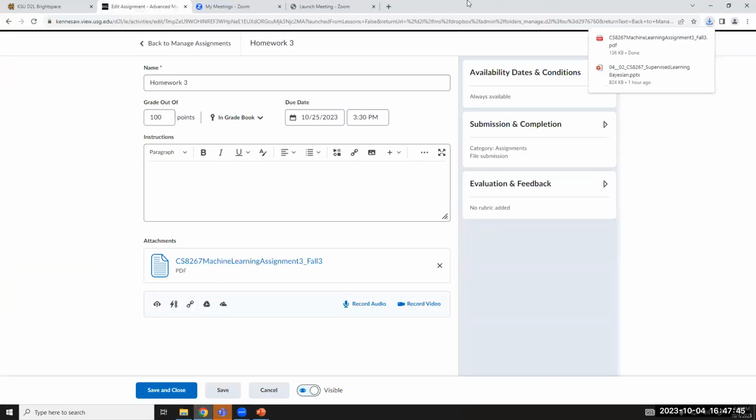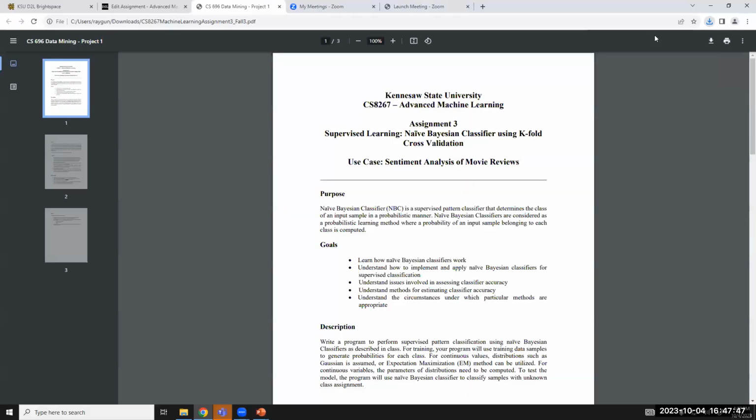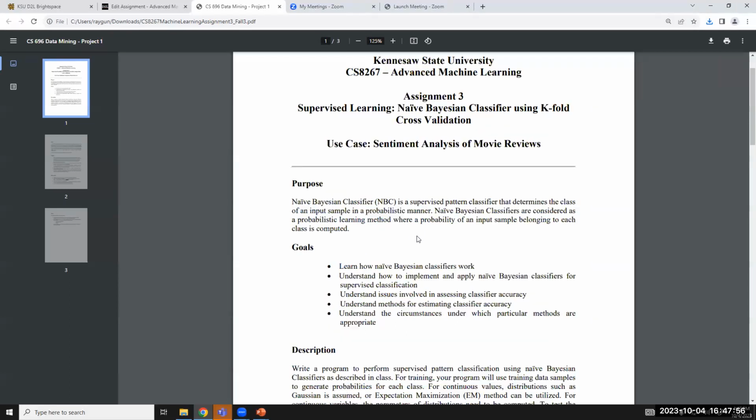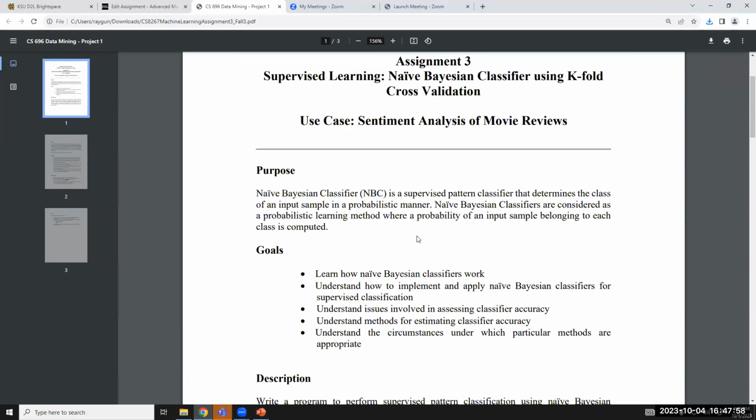I posted a third assignment, and I want to mention what it is so that you are aware, because you are going to have an exam, then I will go over the exam, then you are going to have presentations, so I'm not going to be able to cover this. This assignment is almost the same as the second one. You generated embeddings and stored them.